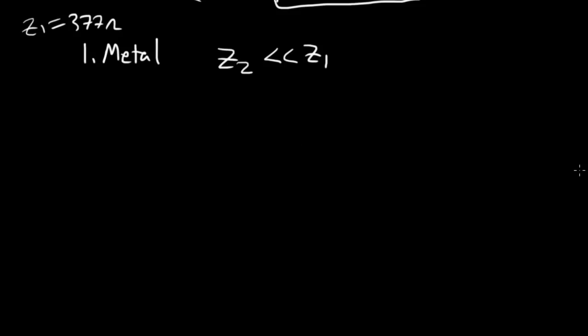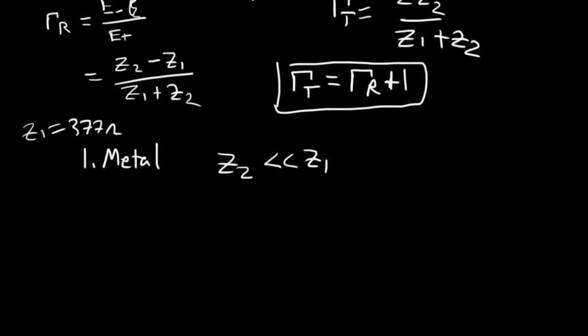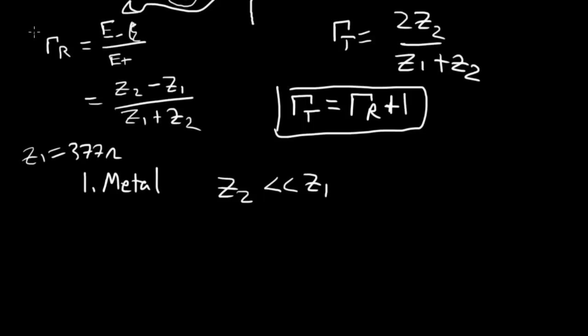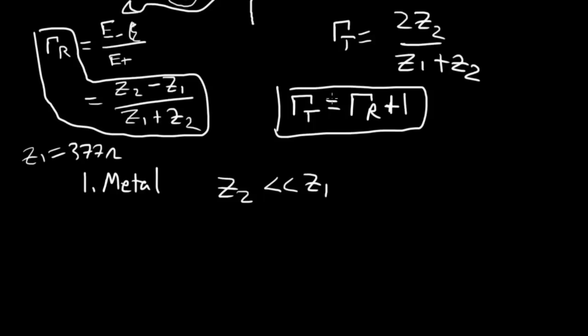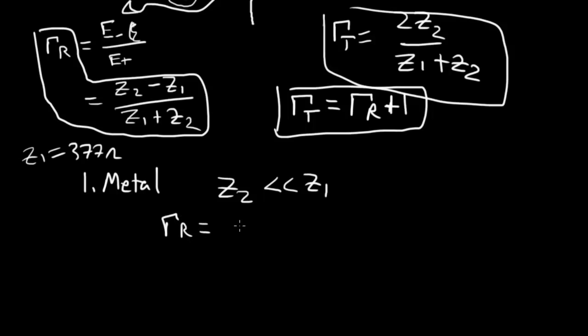In that case, what do these expressions equal? Here's the reflection coefficient, and there's the transmission coefficient. The reflection coefficient equals, let's say Z2 is much less than Z1, so approximately equal to 0.